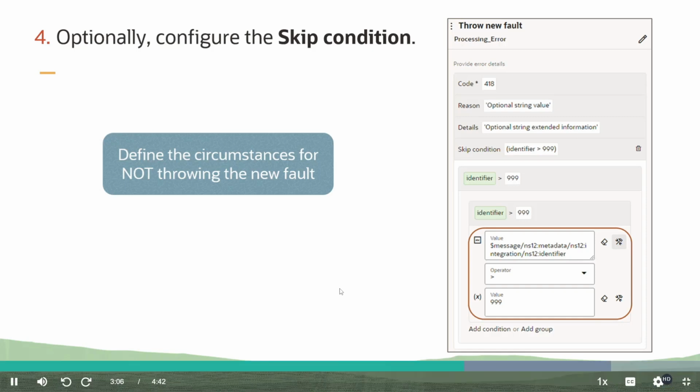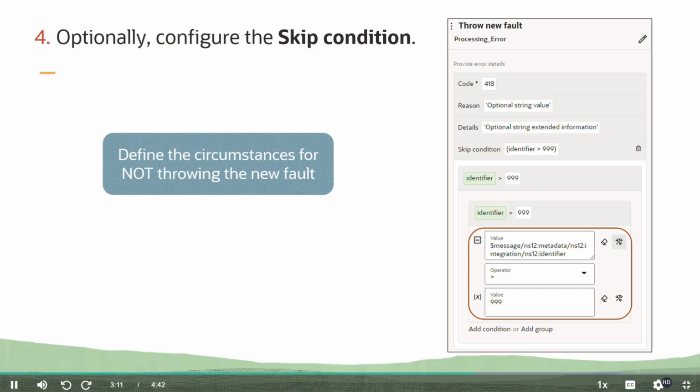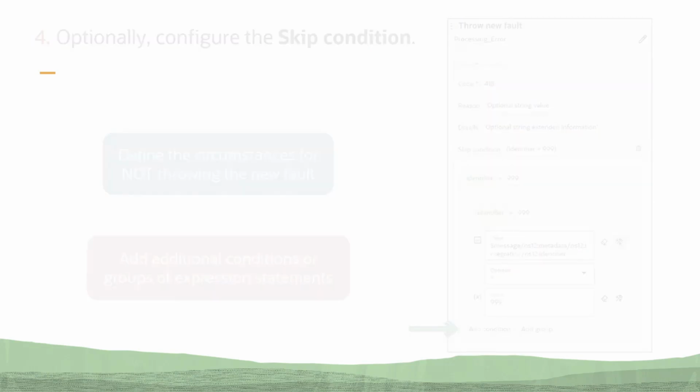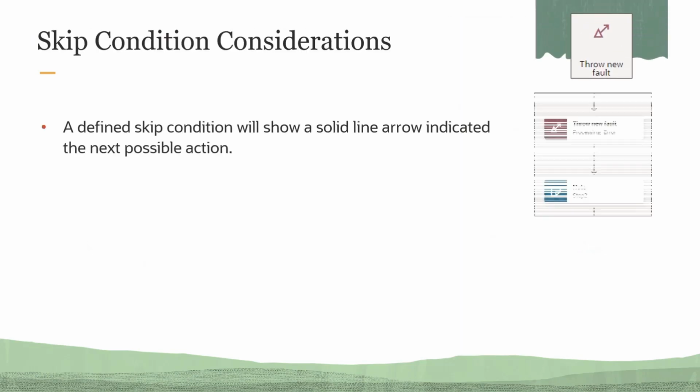Again, we're skipping the action as long as the identifier is greater than 999. But of course, you could combine additional expressions with one or more groups of or and statements, making the validation checking much more detailed.